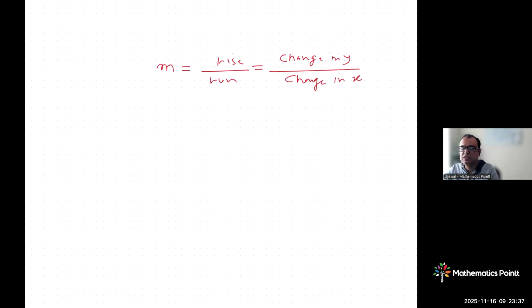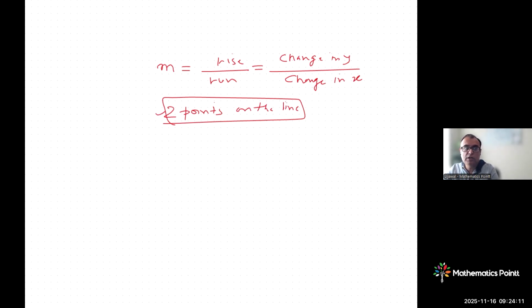In order to find the slope of any given line, you always need 2 points on the line. Remember, we started off with the concept of 2 points. I told you that in order to draw a straight line, you need just 2 points.